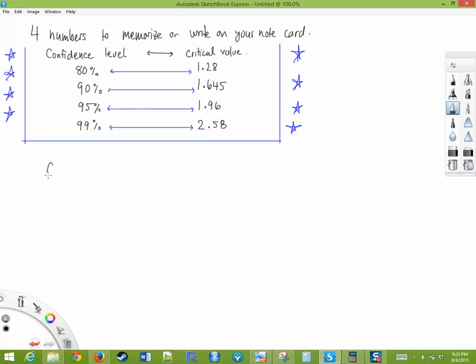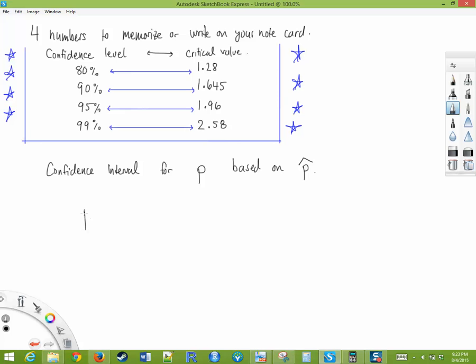So the confidence interval for P, the population proportion, based on P hat. P hat is the proportion we get in the sample, and based on that, we create the confidence interval for P, the proportion in our population.